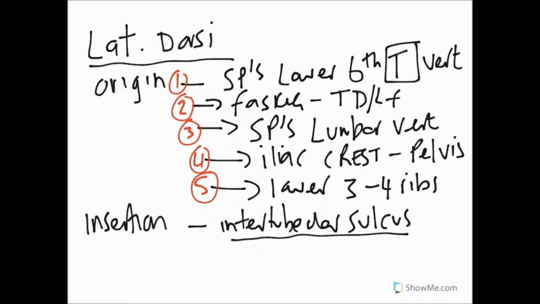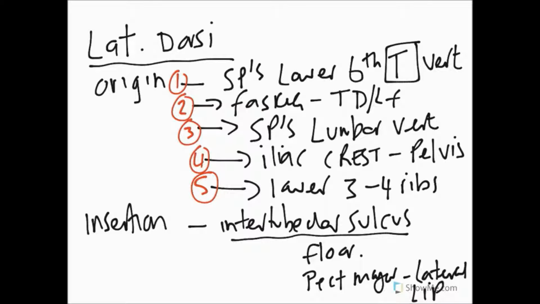Same structure, but this is actually on the floor of that sulcus, which is compared to Pec Major, which was the lateral lip. Now that's quite specific, but in some ways important because it does show you that they have slightly different functions. They have some overlapping functions, but they also have slightly different functions as well.